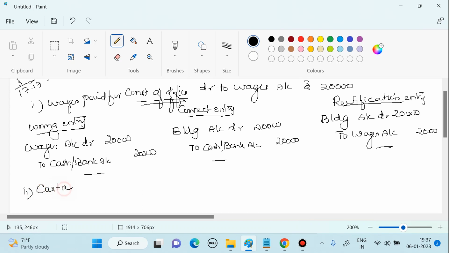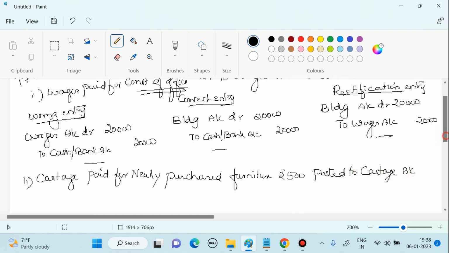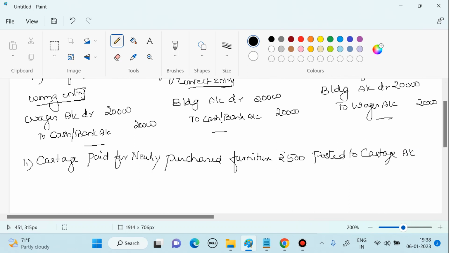Next is cartage paid for newly purchased furniture, rupees 500, posted to cartage account. So here, what should have happened?